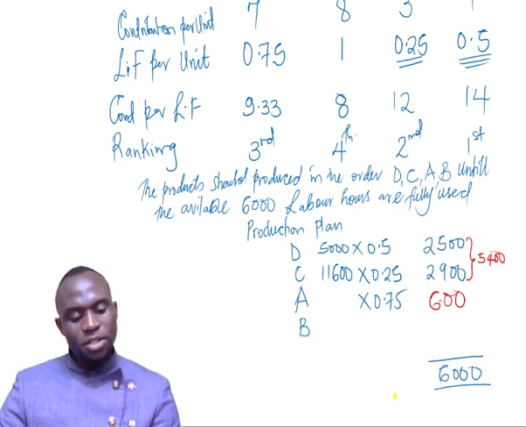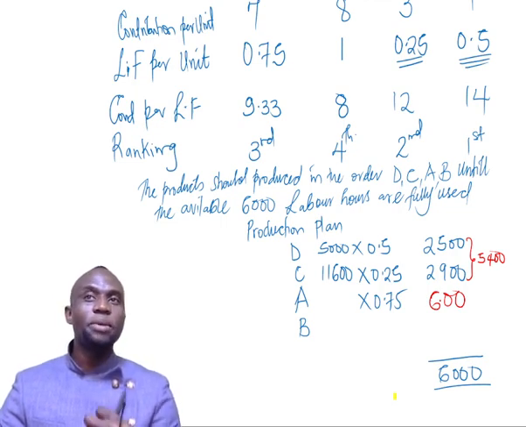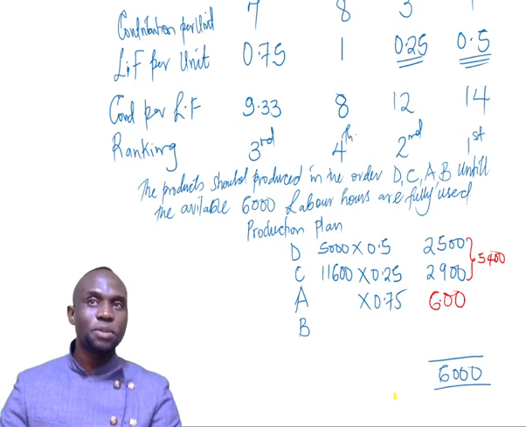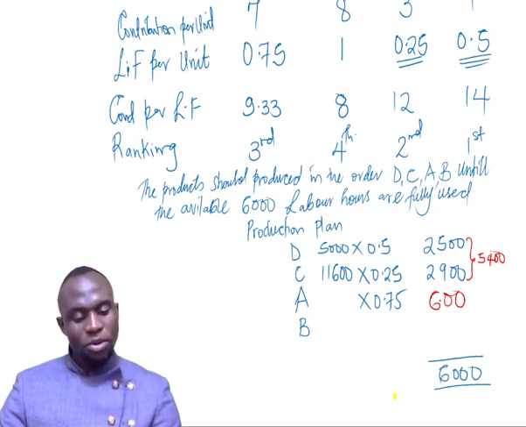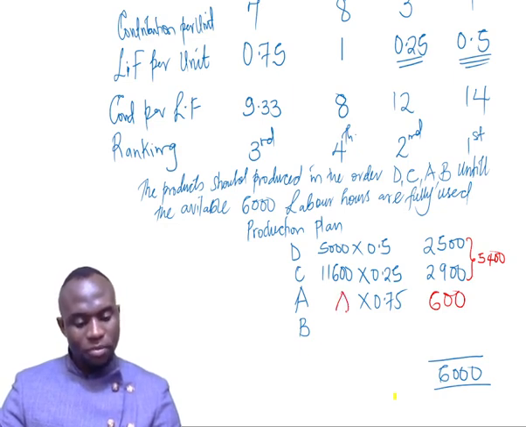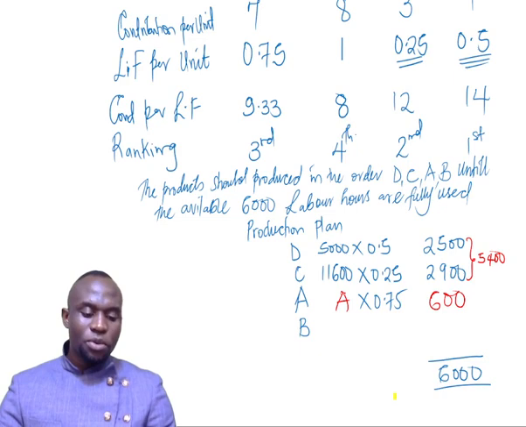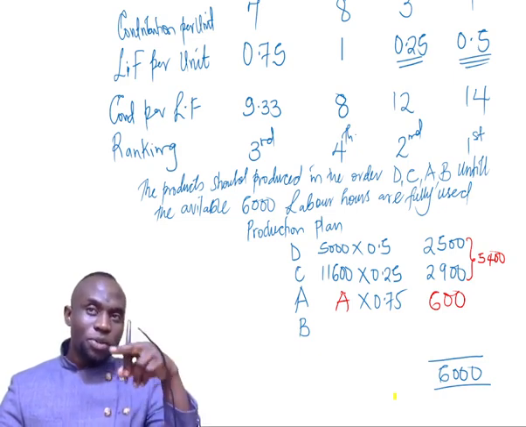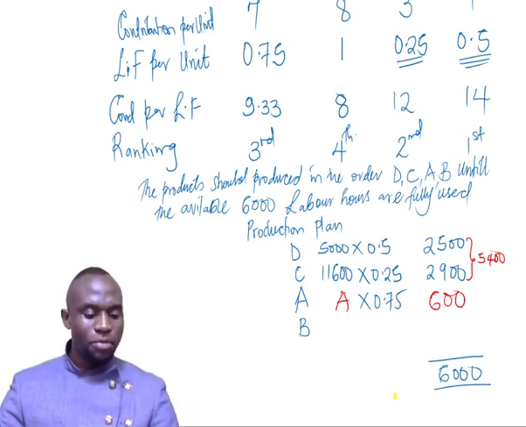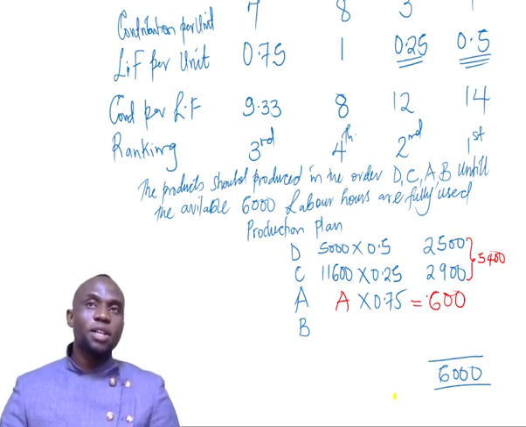Now within these 600 hours, how many units of A can we produce? It will just be a balancing figure, so we call it A or X. Units of A, but each unit uses 0.75, is equal to 600.